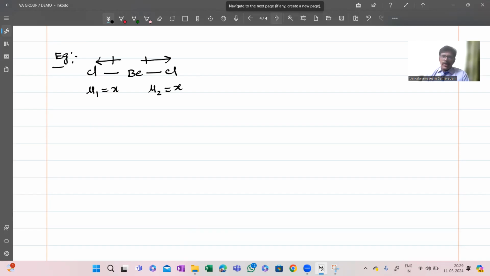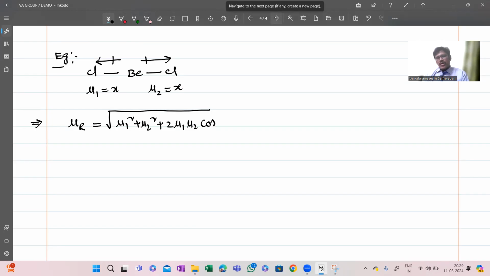Whenever I am using the first formula, if you want to find mu resultant when 2 bonds exist and both bonds are similar type, then I can use the formula mu1 square plus mu2 square plus 2 mu1 mu2 cos theta. So you have to know the theta value. Here, what is the theta? 180 degrees.